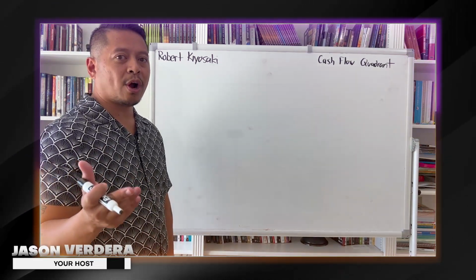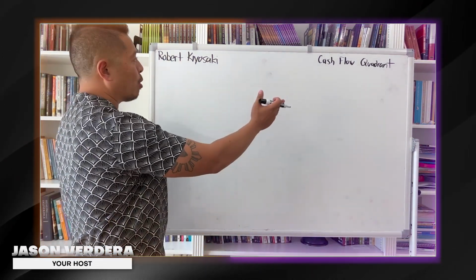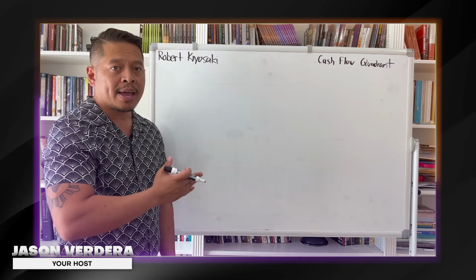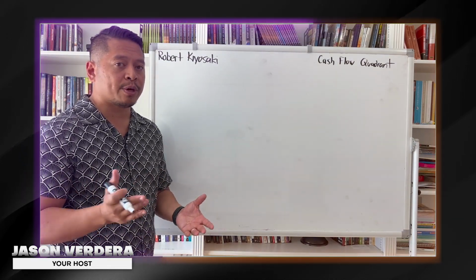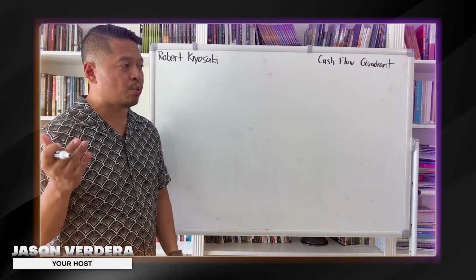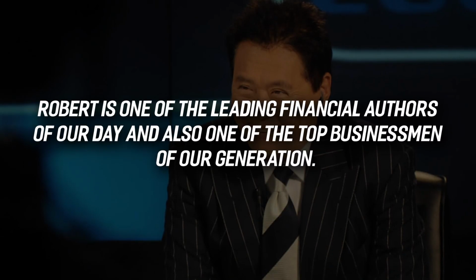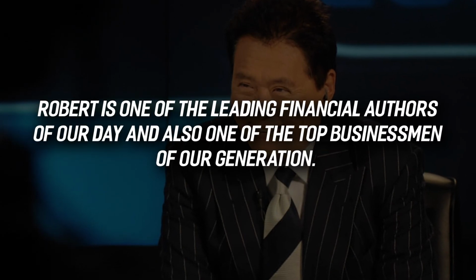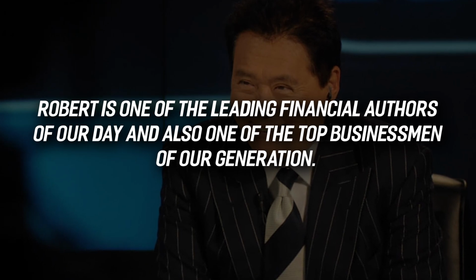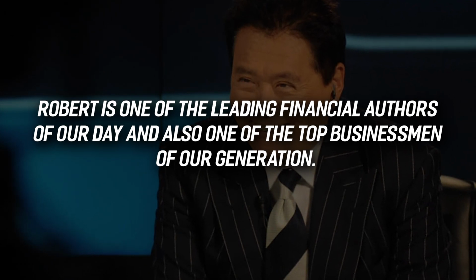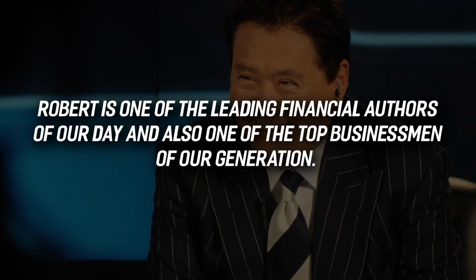In this lesson, we are going to discuss the Cashflow Quadrant by Robert Kiyosaki. If you're not familiar with who Robert Kiyosaki is, you may have heard of his book, Rich Dad, Poor Dad. Robert is one of the leading financial authors of our day and also one of the top businessmen of our generation.